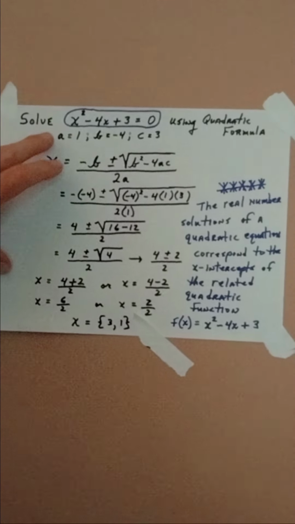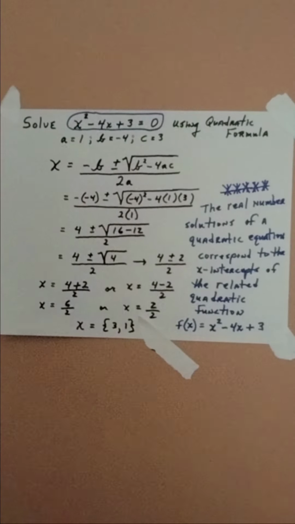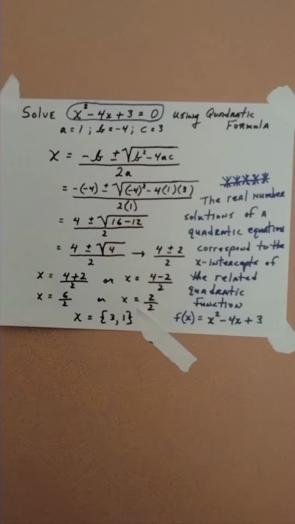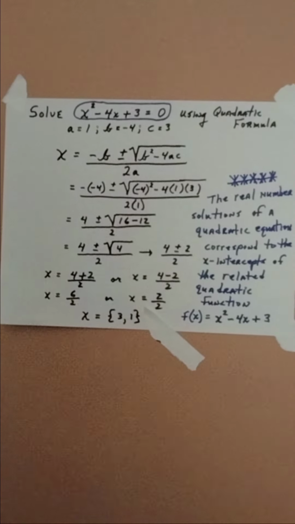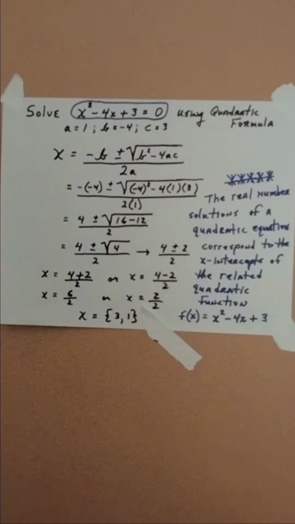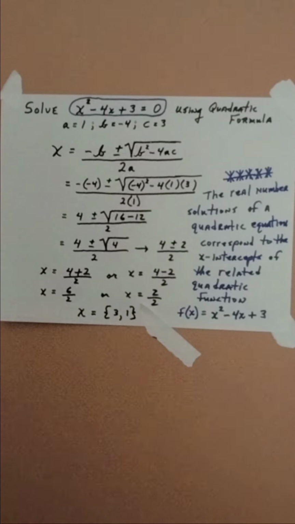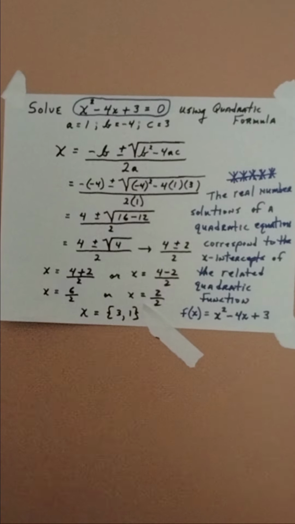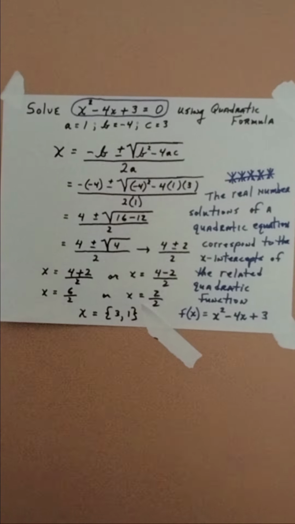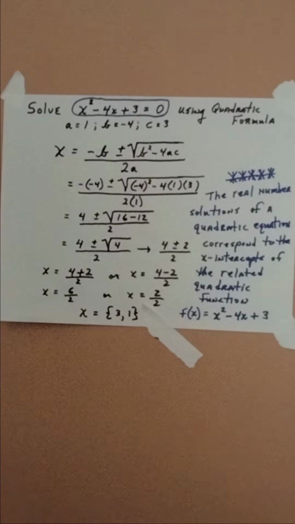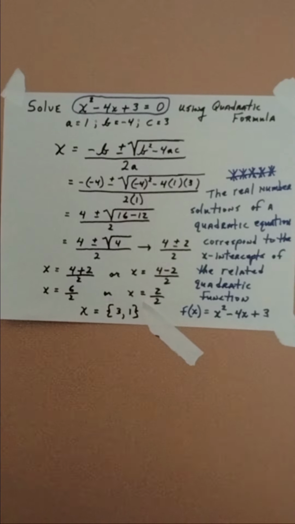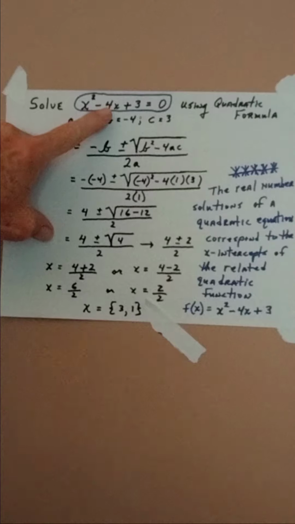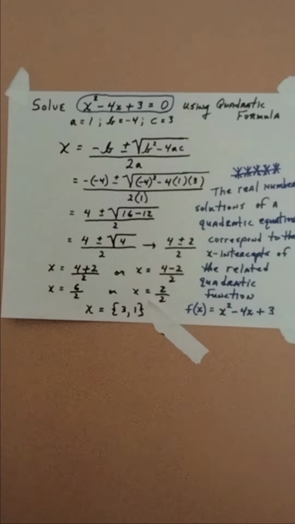We're taking the equation x squared minus 4x plus 3 is equal to 0, and I'm simply solving it using the quadratic formula. It's already in standard form. The value of a, which is the coefficient of the quadratic term, is 1. The value of b, which is the coefficient of the linear term, is negative 4.